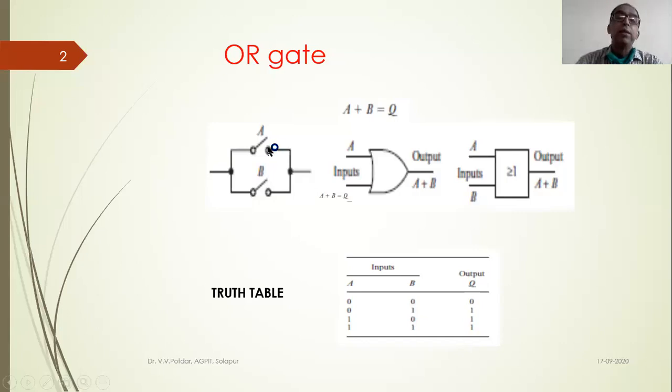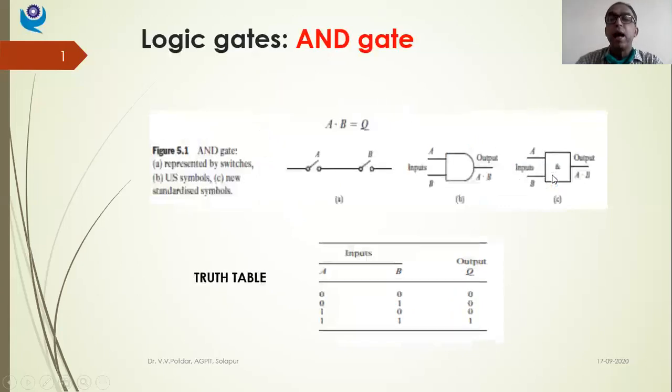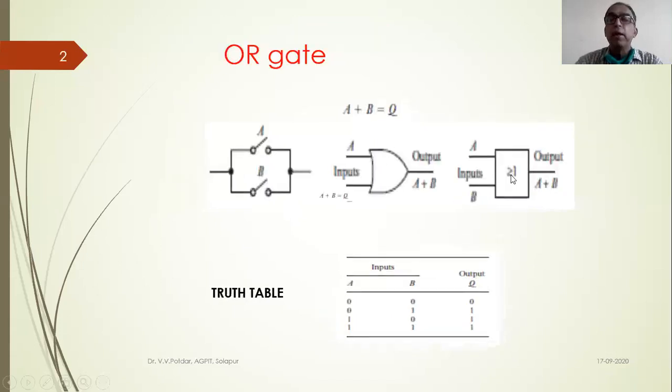So if condition A or condition B is fulfilled, I'll get output Q. This is what this OR gate says. As in the case of AND gate it was ampersand, here for OR gate it is greater than or equal to 1. These are inputs A and B, and this is the output Q, which is equal to A plus B. Well, let us see the truth table.